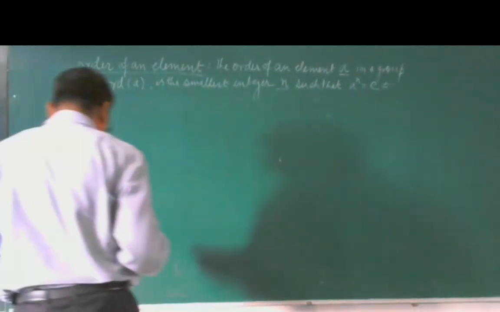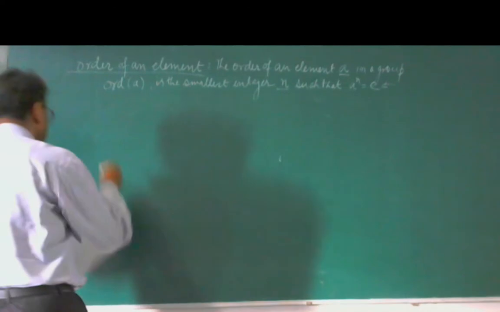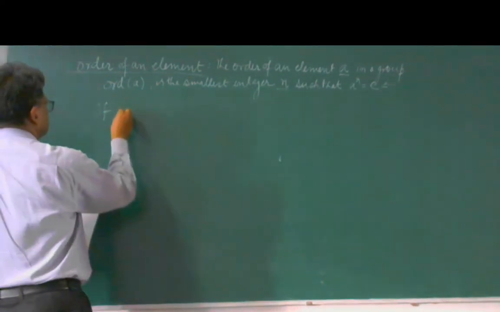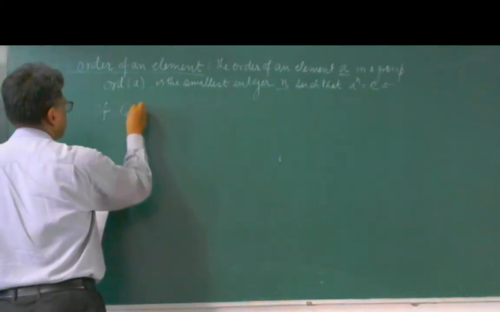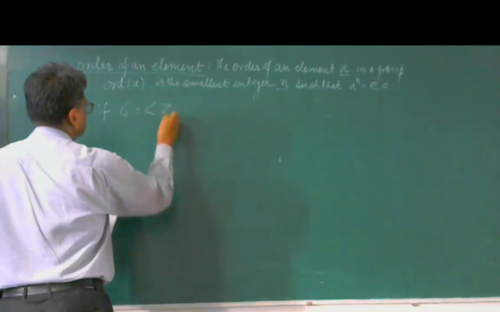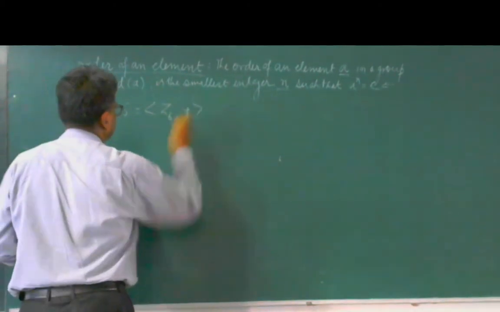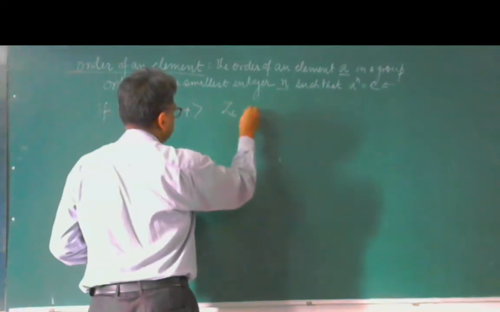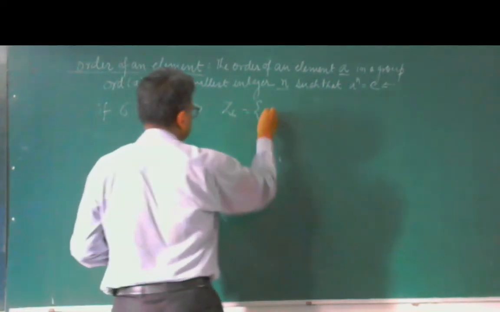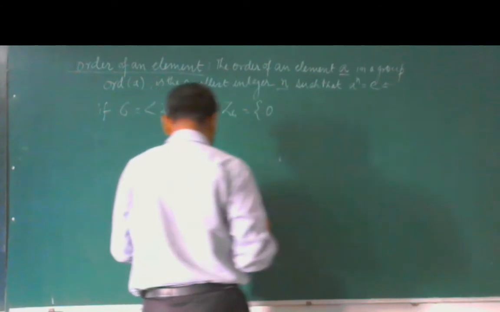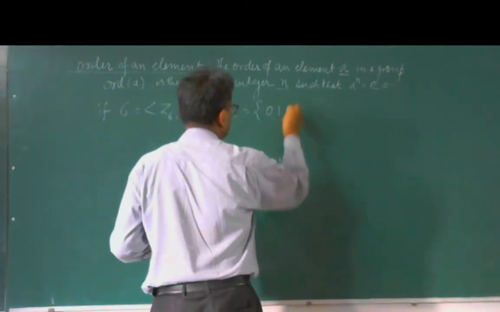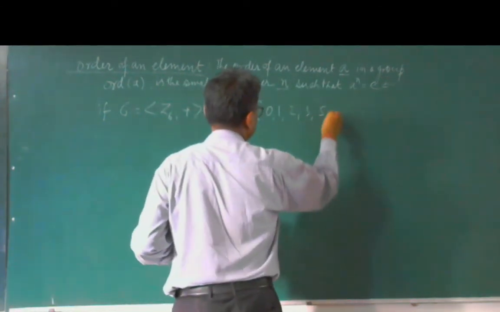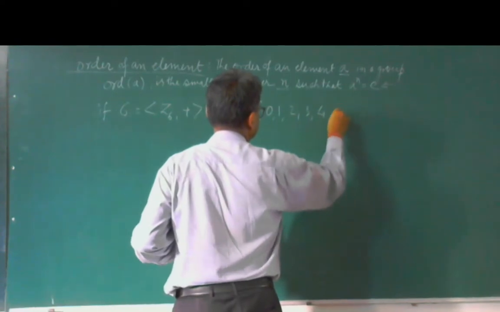So, let us take an example. Suppose the group is given as G is Z6 under addition. Z6 contains how many elements? 0, 1, 2, 3, 4 and 5.